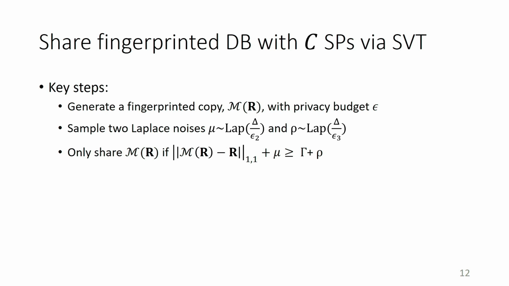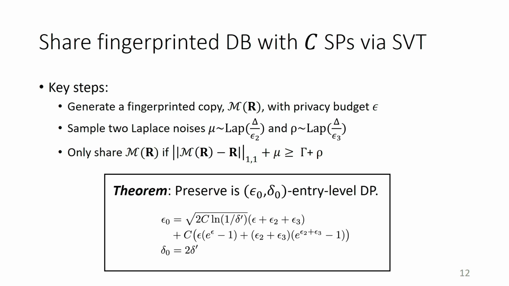We will only share this fingerprinted database if the matrix 1-1 norm plus the Laplace noise is larger than some publicly known threshold plus another noise. And we can prove that this process is essentially epsilon 0, delta 0 entry-level DP, with epsilon 0 and delta 0 shown here.